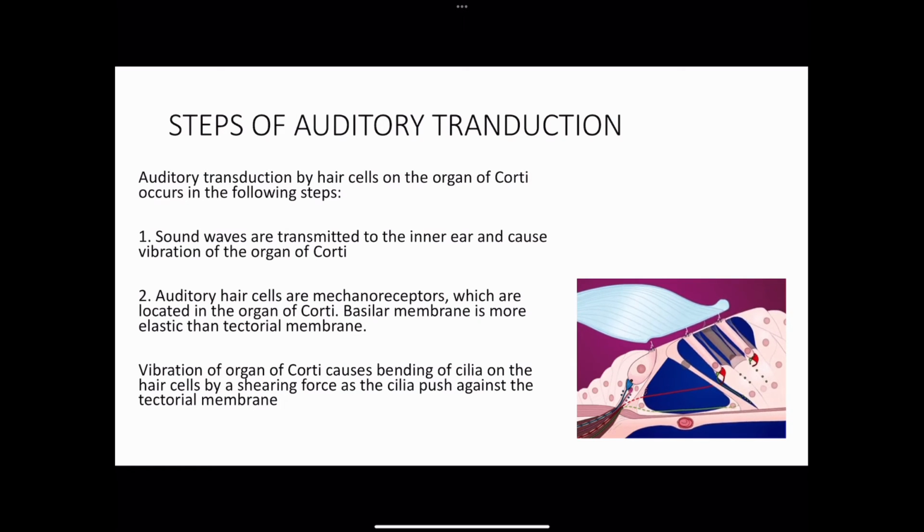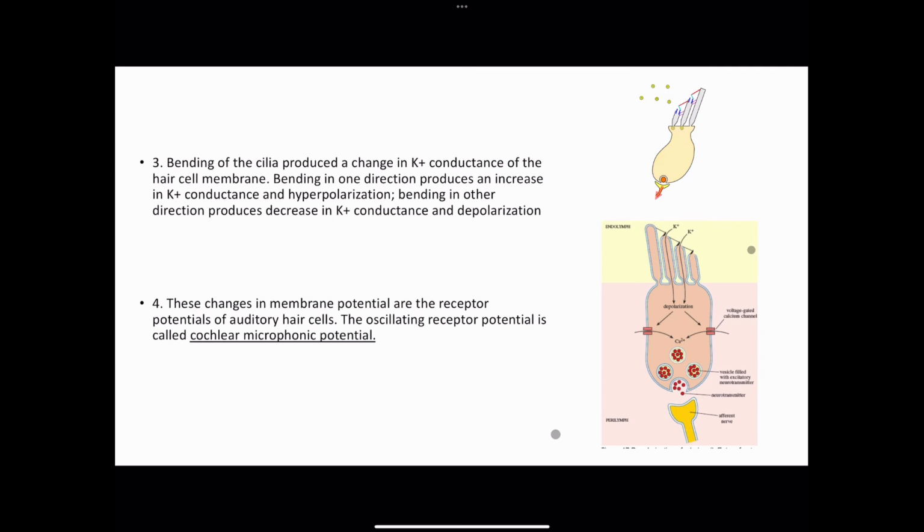Vibration of the organ of Corti causes bending of the cilia on the hair cell by shearing forces as the cilia push against the tectorial membrane, as you can see in this picture. Bending of the cilia produces a change in potassium conductance of the hair cell membrane.